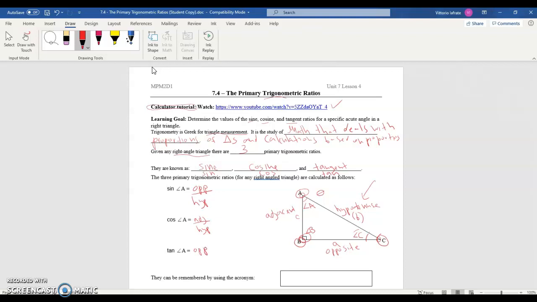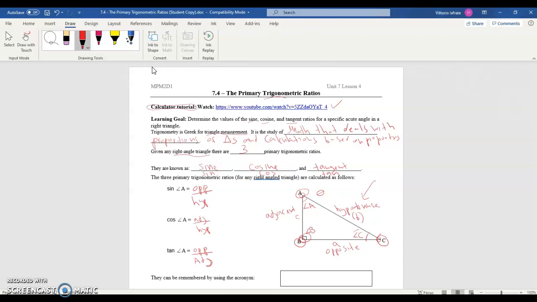So tan of angle A would be opposite over adjacent. These are your trig ratios. So sine is always opposite over hypotenuse, cos of the angle is always adjacent over hypotenuse, and tan of the angle is always opposite over adjacent.